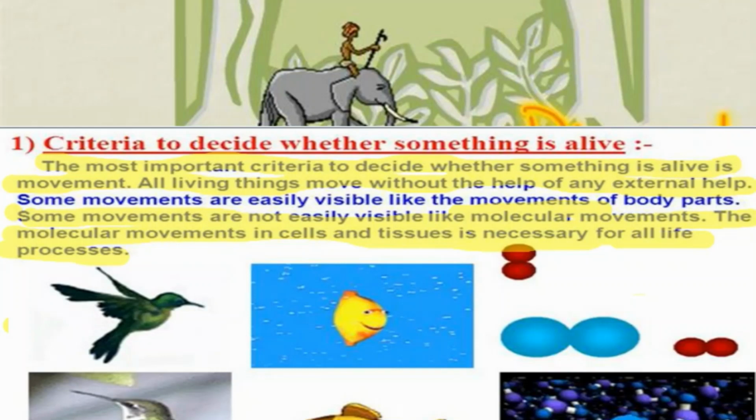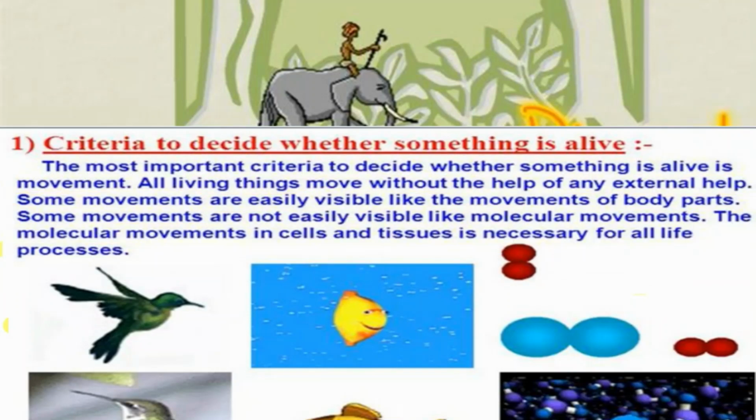Okay, let's talk about levels of organization. Then you will come to know what molecular movement is. So level of organization: we have already seen in earlier classes that living organisms are well organized structures. They have tissues. Tissues have cells.